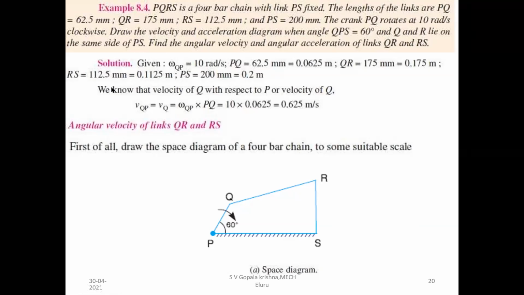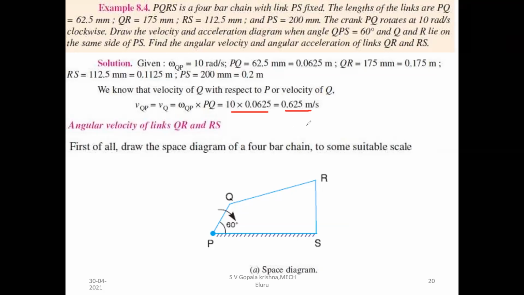V equals omega R. Substituting the values, omega is 10 and the link length PQ is 0.0625, so 10 into 0.0625 gives 0.625 meters per second. Now you have to draw the space diagram.